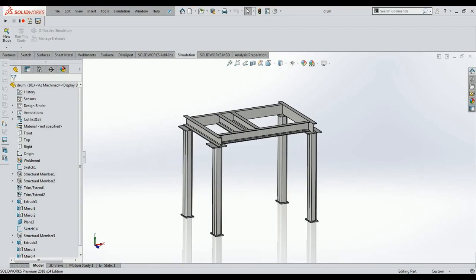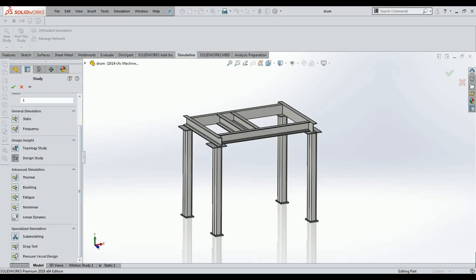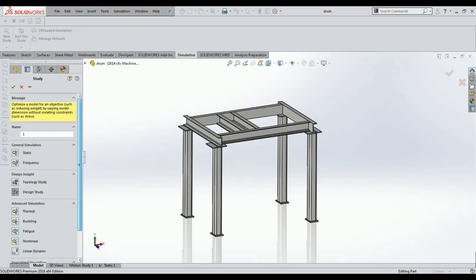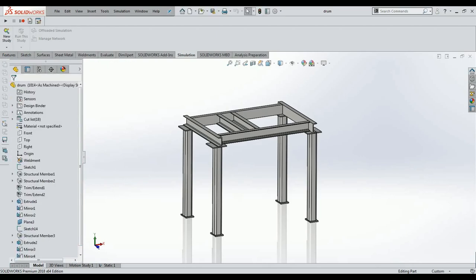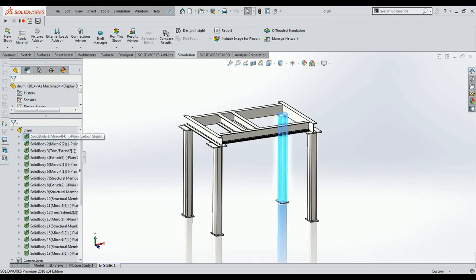Actually, this is one of the frames here. I am going to validate whether this frame withstands the load or not. On the left side, in the property manager, you see different kinds of analysis. Here I have done a static analysis to see whether the product will withstand the load acting on the upper surface of the model. It consists of different solid bodies.